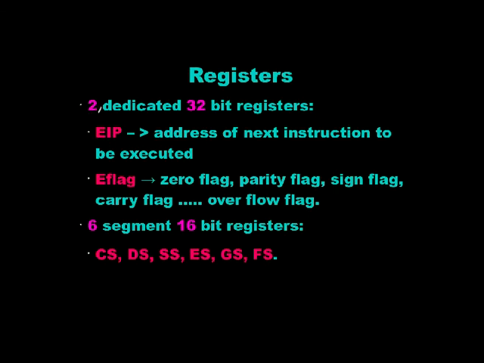Let's see, 2 dedicated 32-bit registers. We have the EIP, extended instruction pointer, which some books call the program counter, PC. It holds the address of the next instruction to be executed.